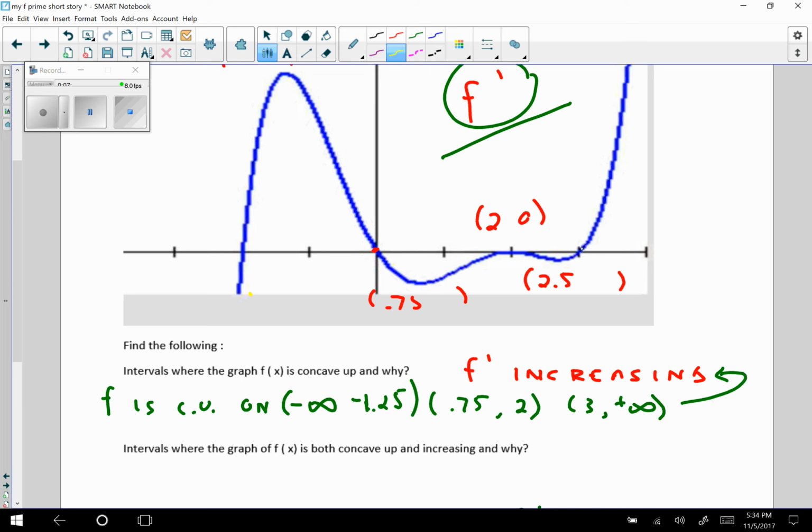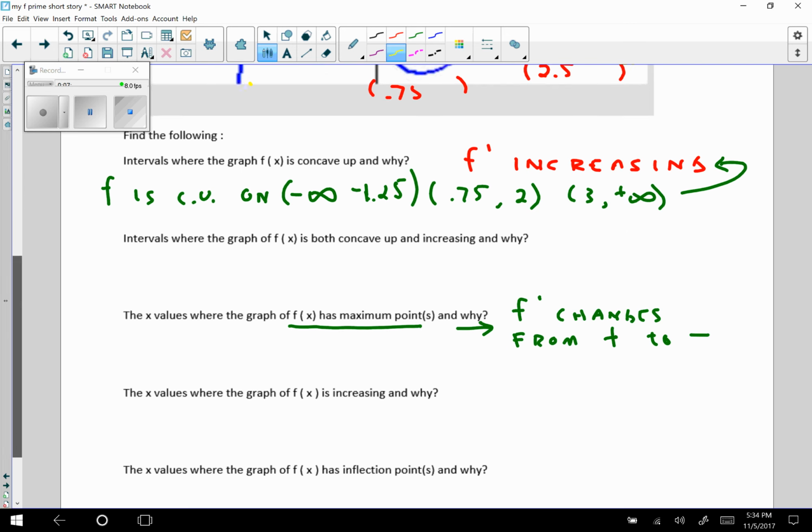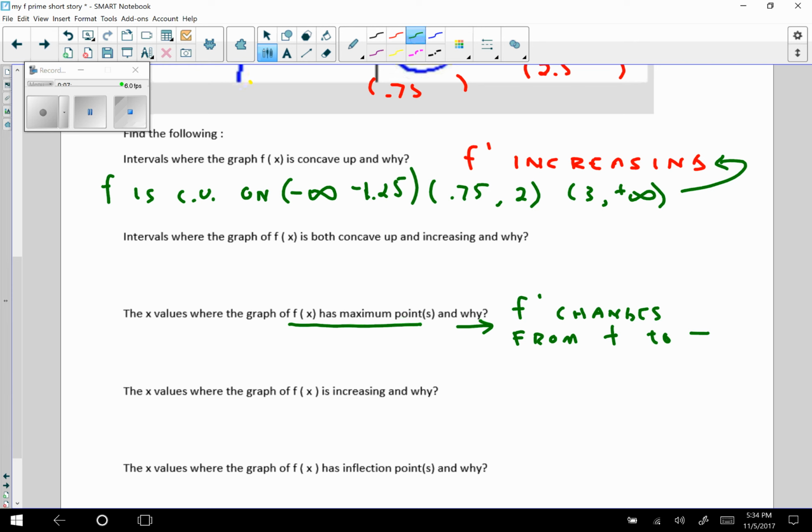And that's the only place that f prime changes from positive to negative. So I say f has a max at x equals 0, and there's my reason: since f prime changes from positive to negative there.